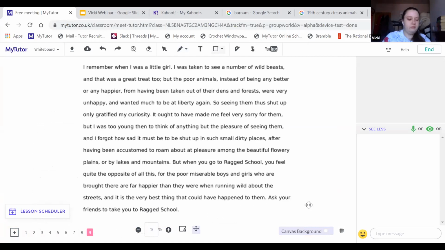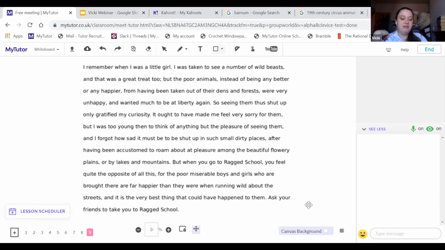Right, so I remember when I was a little girl, I was taken to see a number of wild beasts, and that was a great treat too. But the poor animals, instead of being any better or any happier from having been taken out of their dens and forests, were very unhappy and wanted much to be at liberty again. So seeing them thus shut up only gratifies my curiosity.